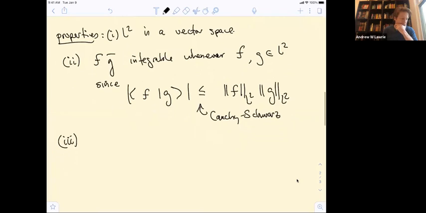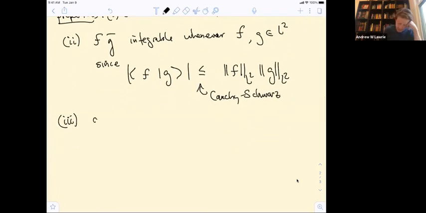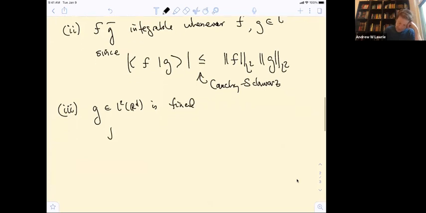3. If g is fixed, you can define a map f goes to the pairing of f with g, for the fixed function.